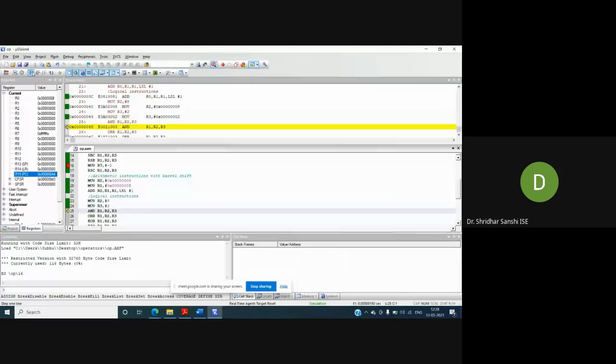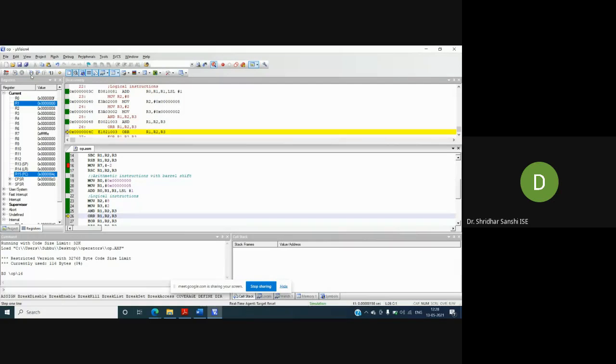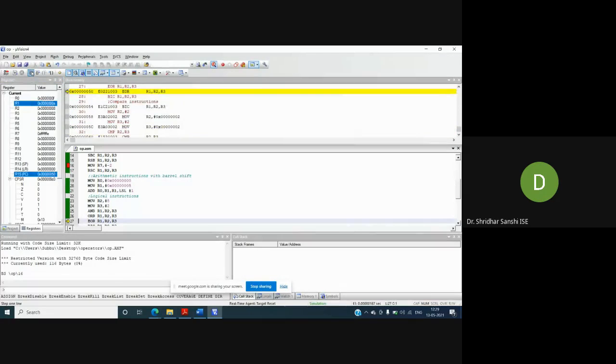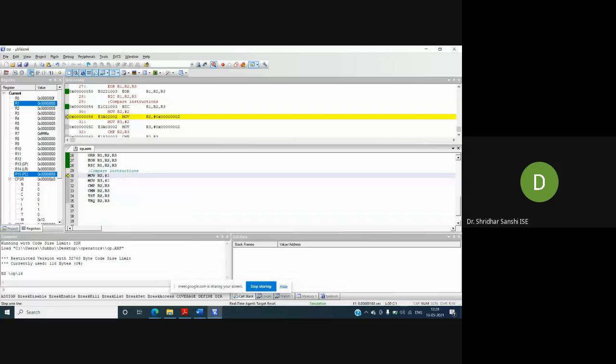Based on this value, we are updating the flag value. Okay, so these are the logical bit instructions.